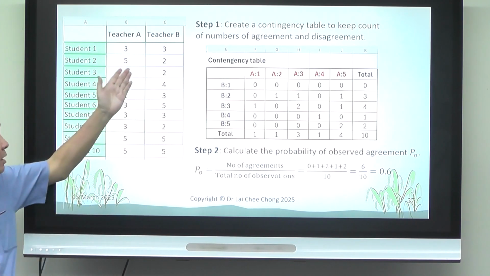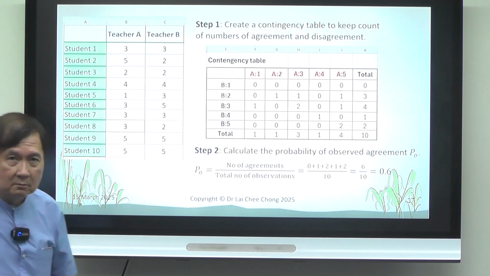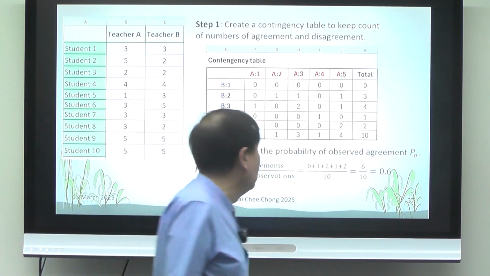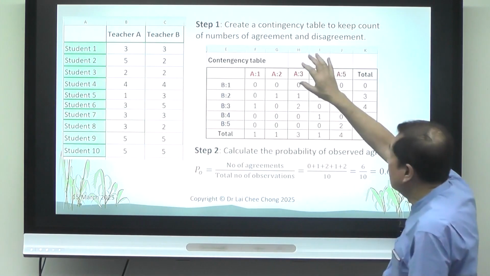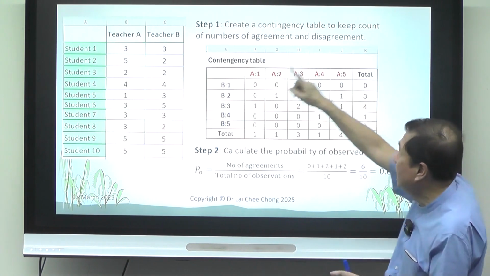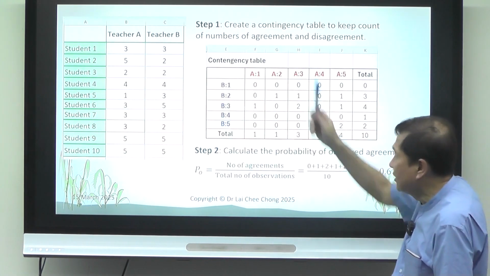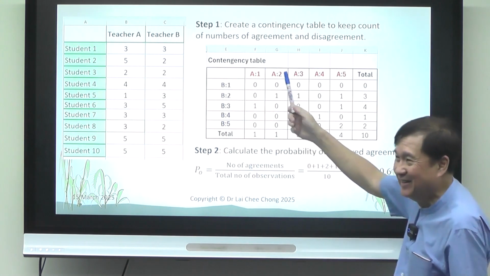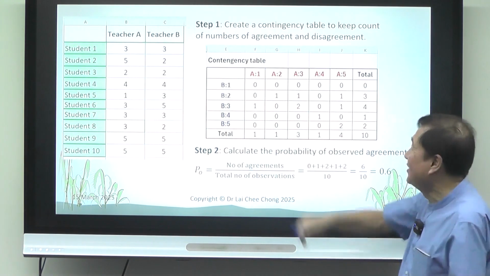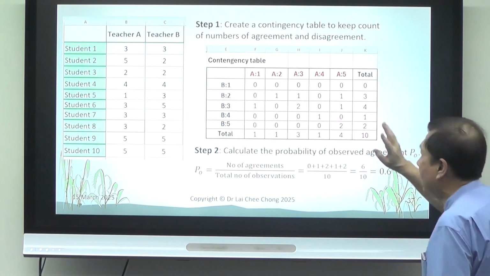Right? That means there must be something here. Oh, no, B gives 2 points. So B is 2, A is 1. So I will find B is 2, A is 1. Do we have 1 here? B is 2. Oh, 2 again. Just 2 again. Number 3. You see that? So I count. Okay. So that means this here is one agreement. Fair enough. So you count the number of agreements.